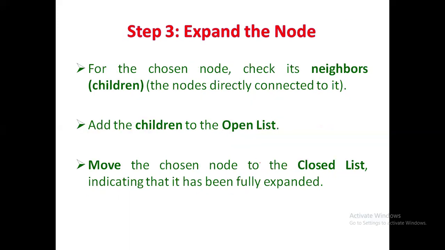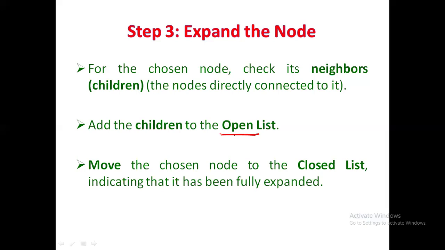The next step is to expand the node. Once the node with the smallest heuristic value is chosen, it enters the expansion phase. The algorithm checks the node's neighbors, which are the nodes directly connected in the graph. These neighboring nodes are then added to the open list, indicating that they are discovered but not yet fully explored.